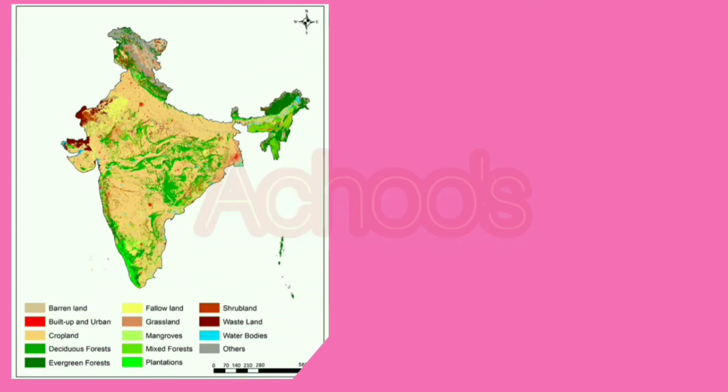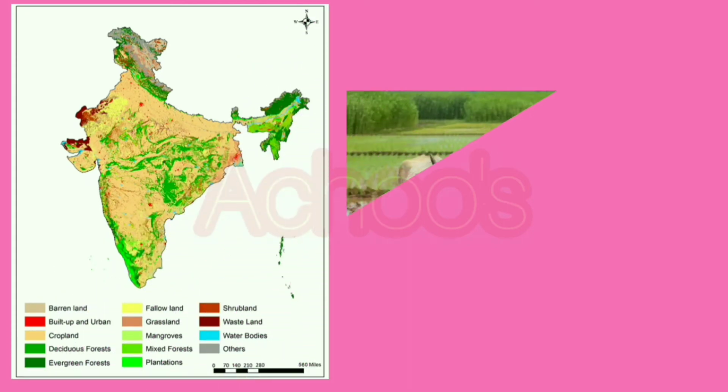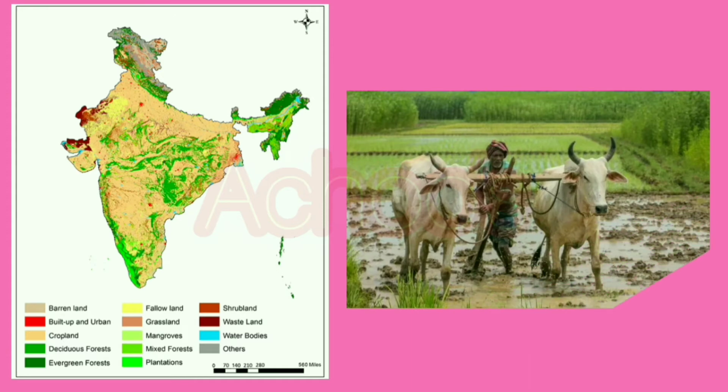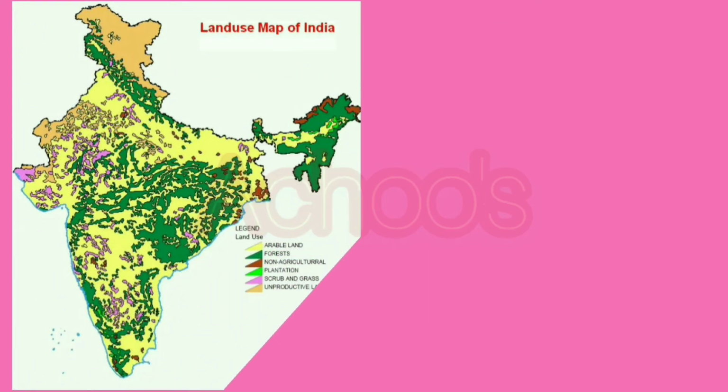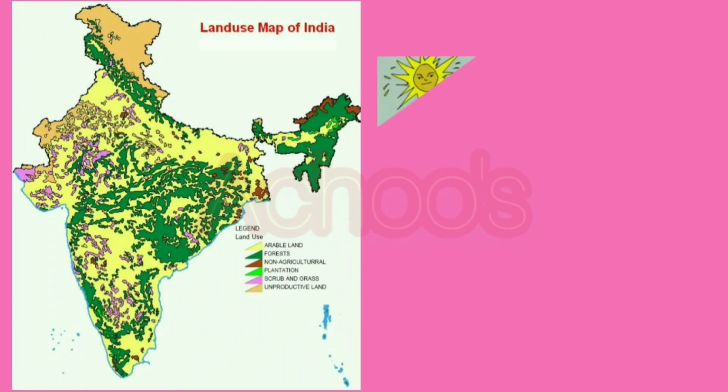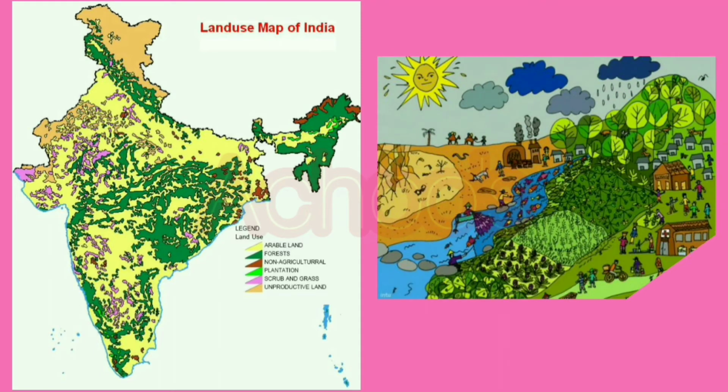What is the main occupation of India? That is agriculture. So India is an agricultural country. So here we can see mining and manufacturing industry in very specific regions only. India has undergone considerable changes in its economy over past few decades, and this has affected the land use pattern in the country to a great extent.